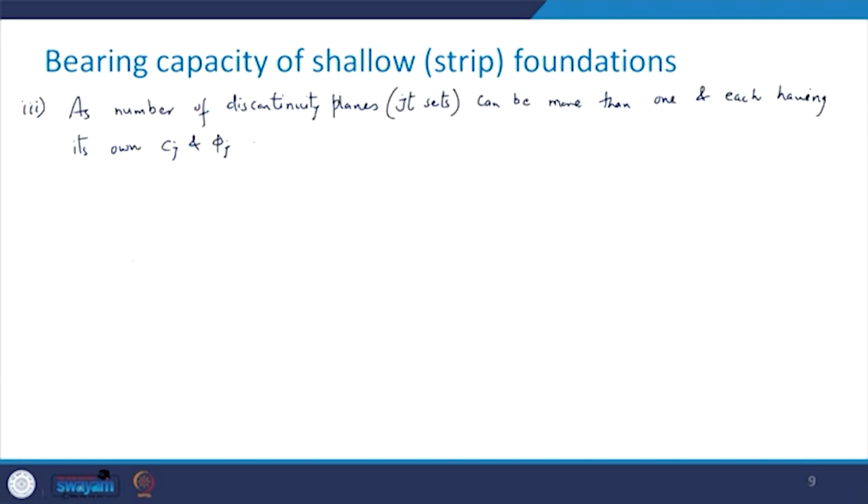In this case, we will compute the values of sigma 1j in zone 1 for each joint set.